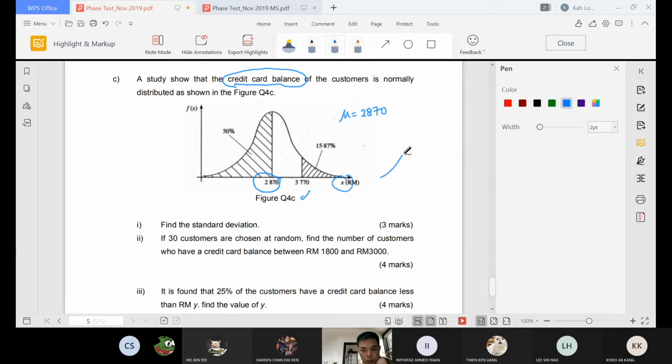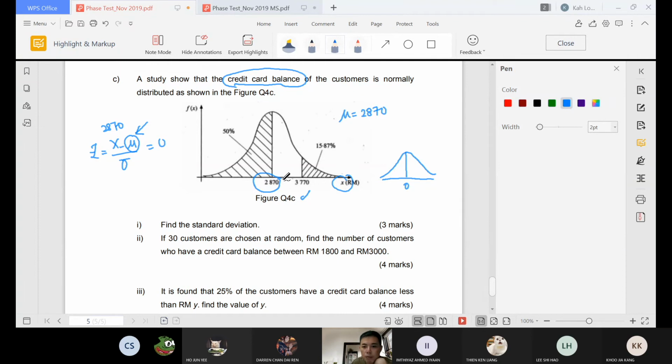When you change to the Z value, the middle will become 0. Okay, so you know the Z score, right? X minus mu over sigma. So your X is 2870. And what is your mu to cause the whole thing to become 0?